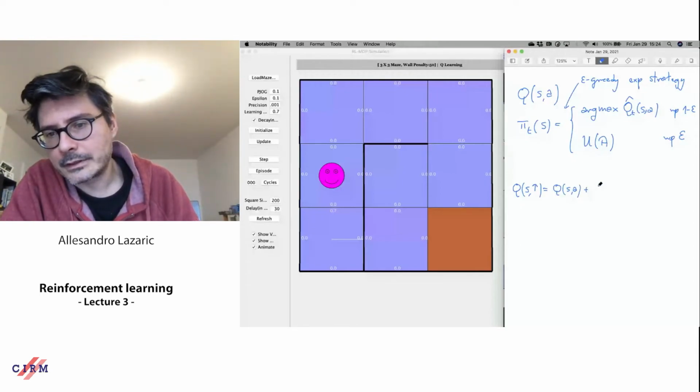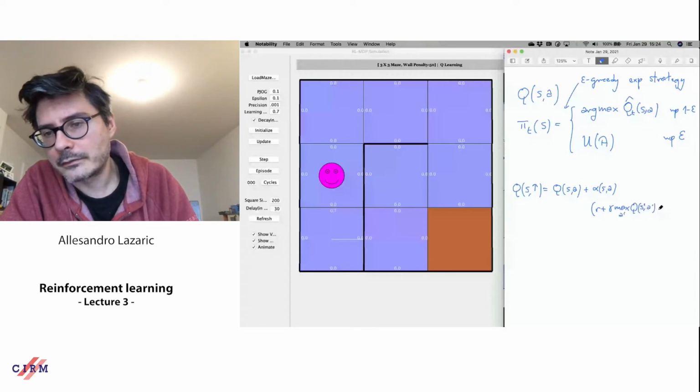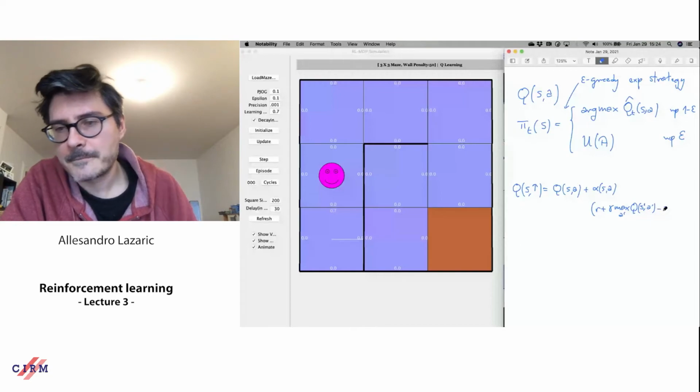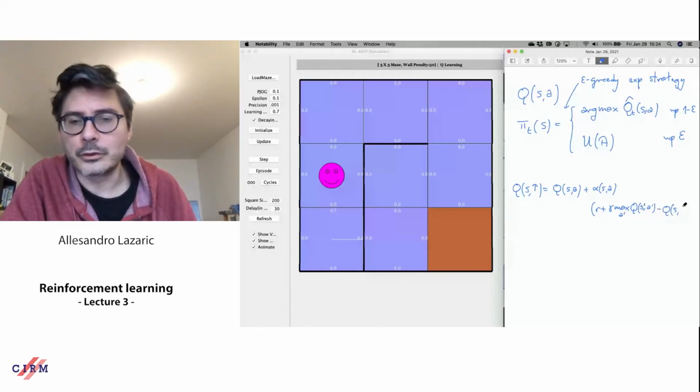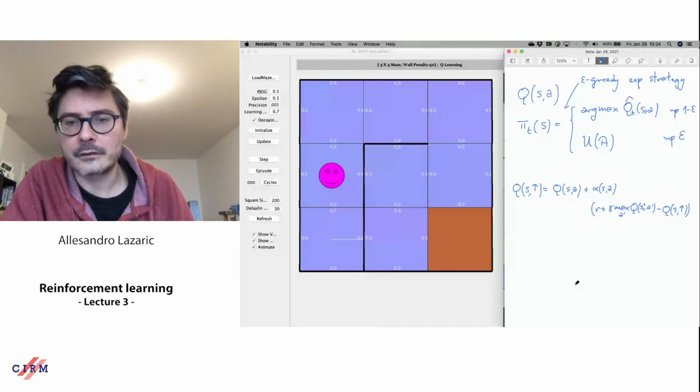Alpha times the reward that you observe plus gamma times the maximum over A prime of Q of the state that you observe, let me call it S prime, minus your current estimate.